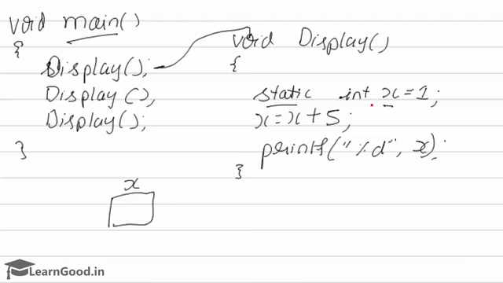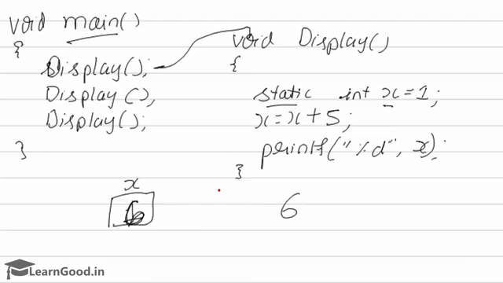So x has been initialized to 1. If you don't initialize this, x will have a value of 0, whereas an auto variable will have a junk value, that is a garbage value, any value it may be. Here, if you don't initialize dynamically, its value is going to be 0. And you have given x equals x plus 5, then this x value is going to be 6. And printf x, so that 6 will be displayed.